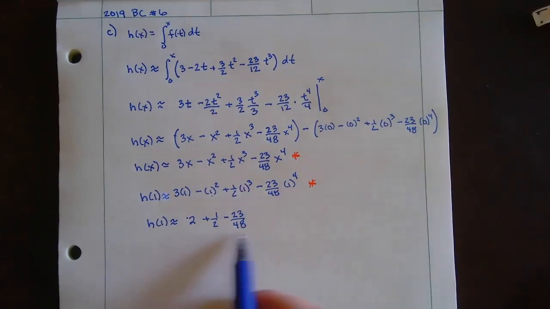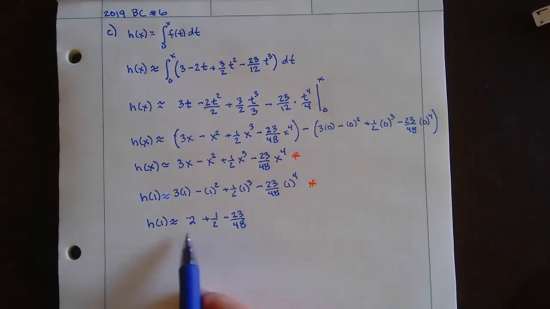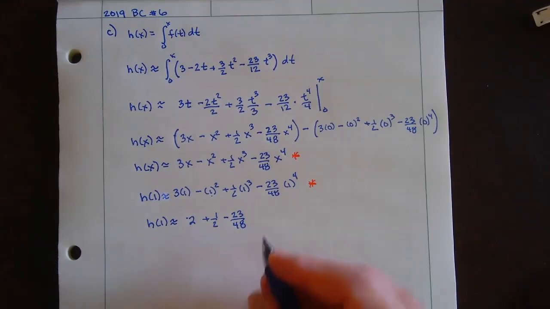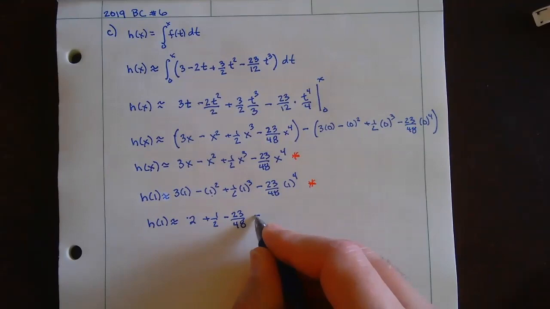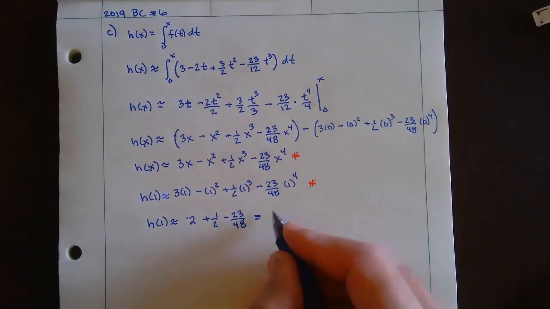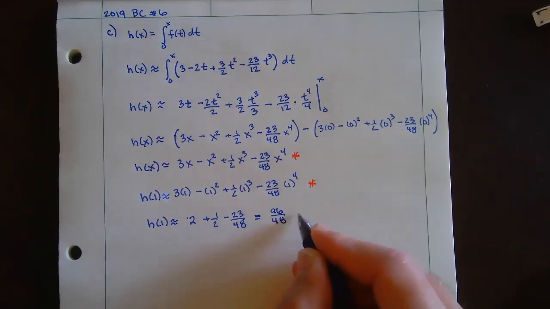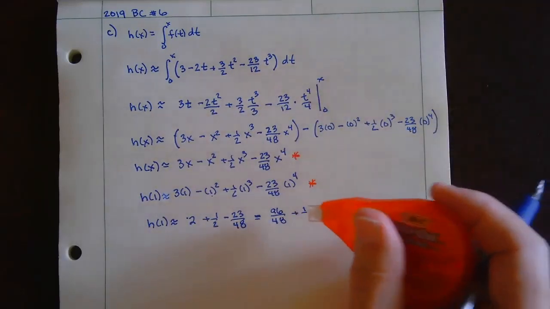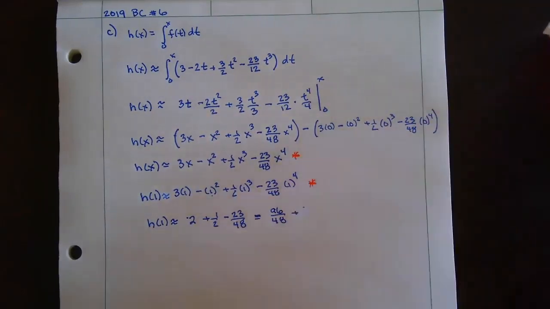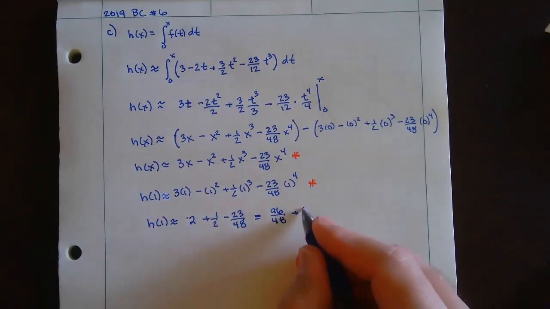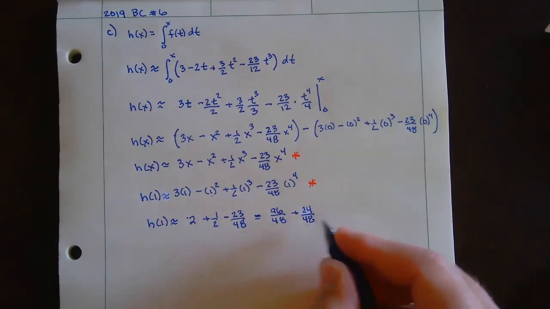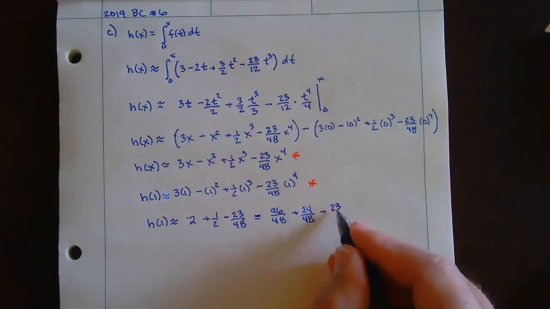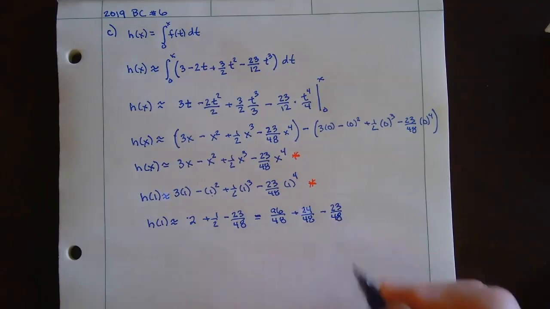So what I'm gonna do is I'm gonna get a common denominator, okay? So we need 48, right? So 48 times 2 is 96. So this is equal to 96 over 48 plus 1. Oh, whoops, I need to get that to be 48s, right? I'd have to multiply this by 24 over 24, so plus 24 over 48, because that's 1/2, and then minus 23 over 48, okay?